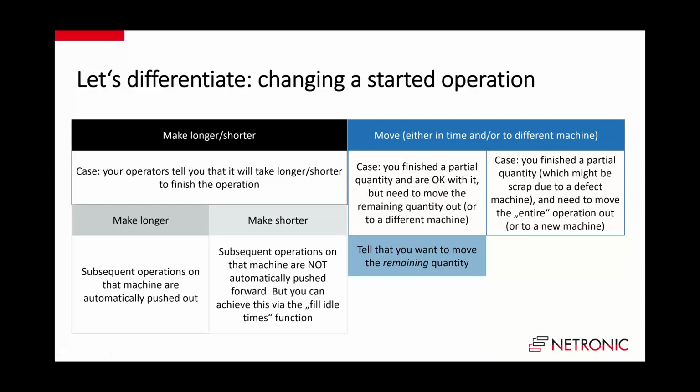Let's assume you have 1000 pieces, you produce 200 and then recognize that all these 200 pieces are not good quality. Then you would stop it there, and you would need to move the entire operation. So you would need to move again 1000 pieces to a later point of time, or to a different machine, or both. In that case, you need to tell the VAPS that you want to move the total quantity.